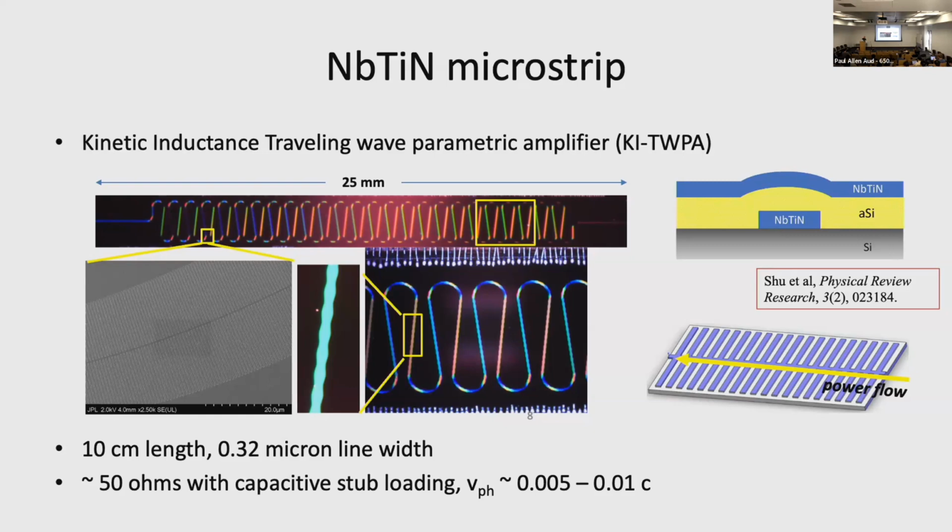Otherwise, the narrow microstrip line would have a characteristic impedance of a couple of hundred ohms. So this device has a total length of 10 centimeters. The line width is 0.32 microns, and the propagation velocity is a bit less than 1% of the speed of light, similar to the other one.